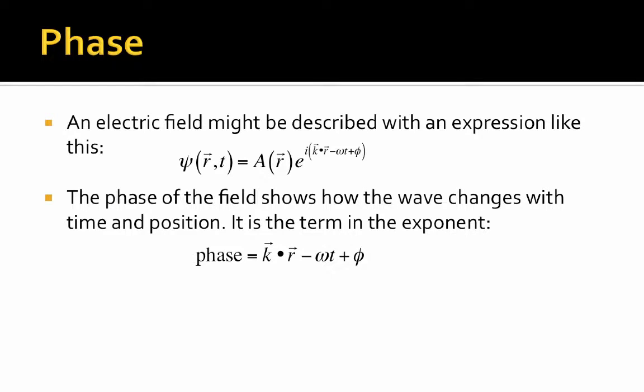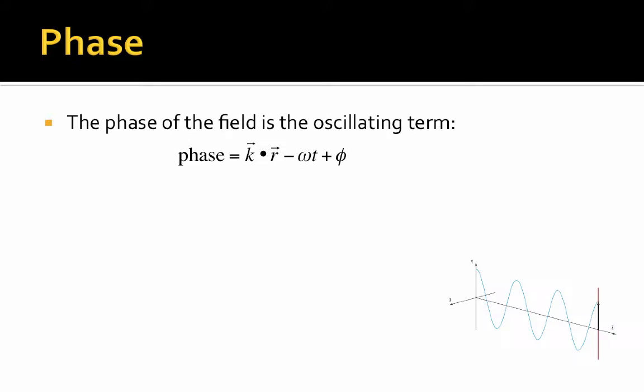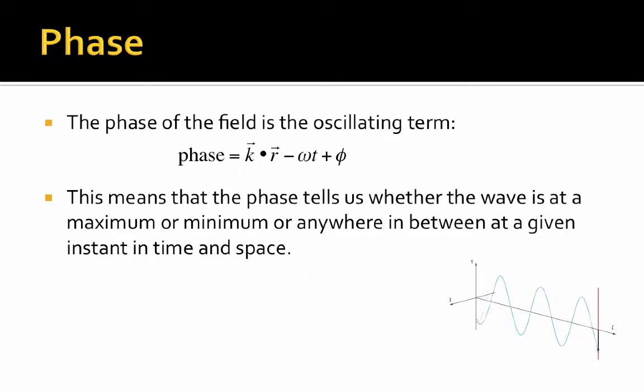The phase in this case would be the term in the exponent, k dot r minus omega t plus phi. What does that mean for us physically? If the phase is the oscillating term, we can look at this blue electric field traveling down in the right-hand corner now, and we can say, is it at a maximum or a minimum or anywhere else?